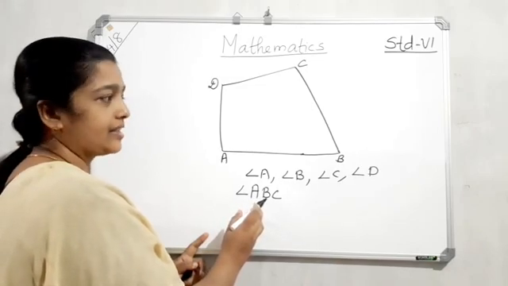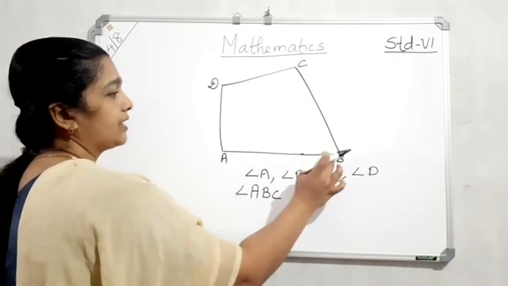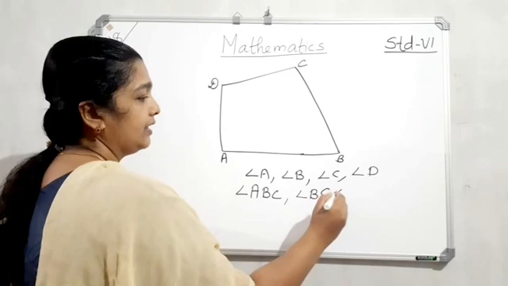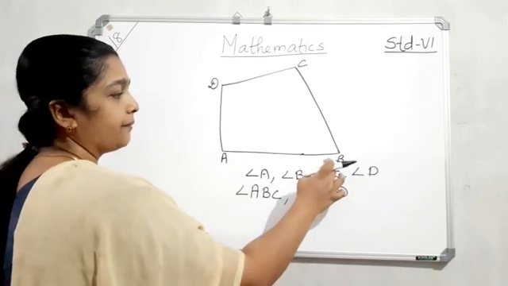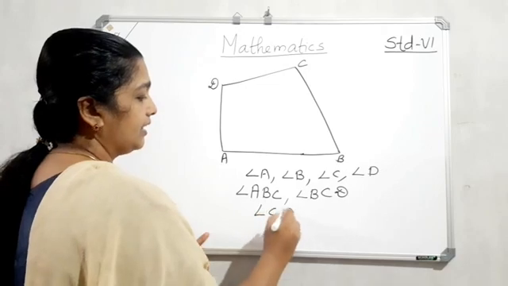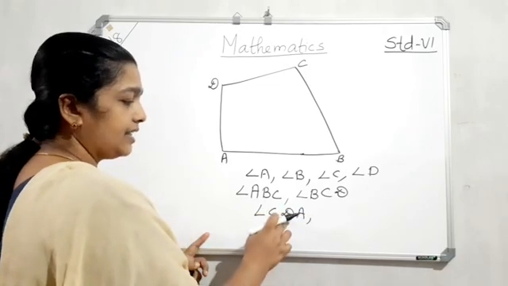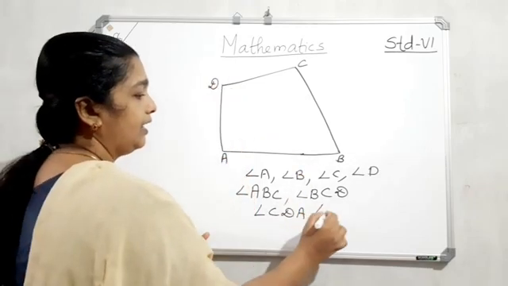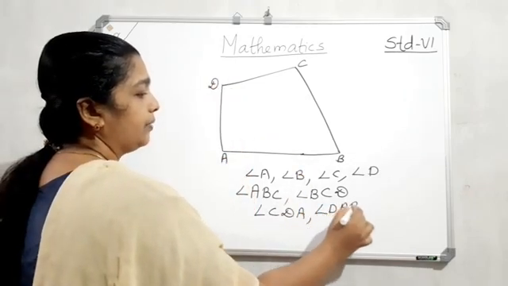Understand? Yes. Next, angle BCD, that is the common angle C. Next, angle CDA, common angle D. Next, angle DAB.